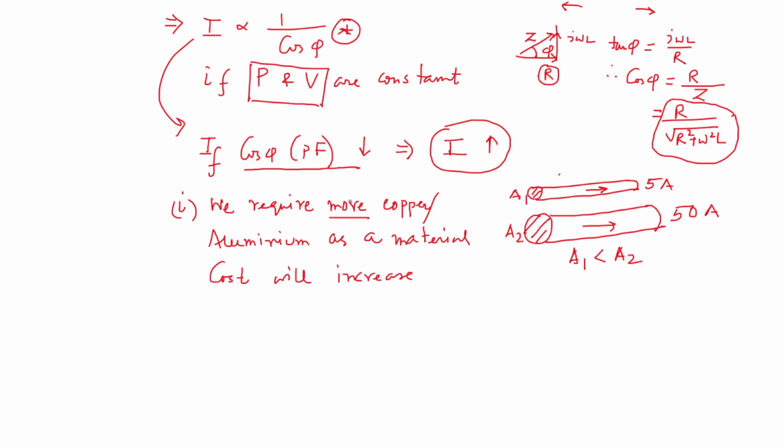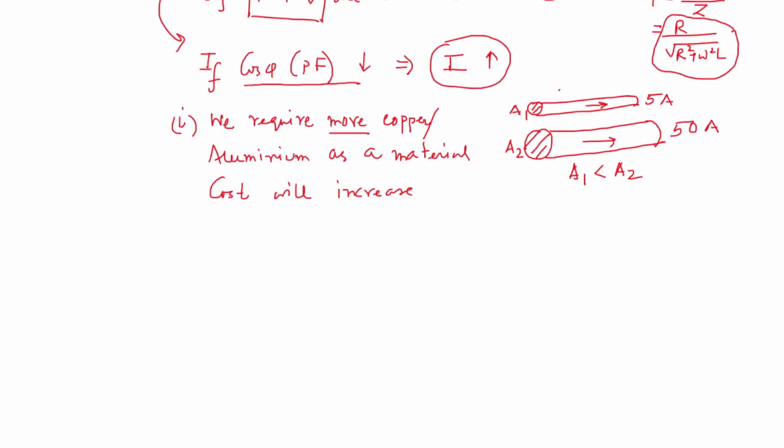If current is more, we require more copper or aluminium as the material. Therefore, the cost of the material will increase. This is number one drawback.